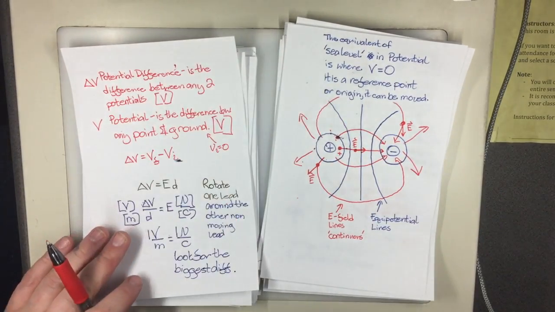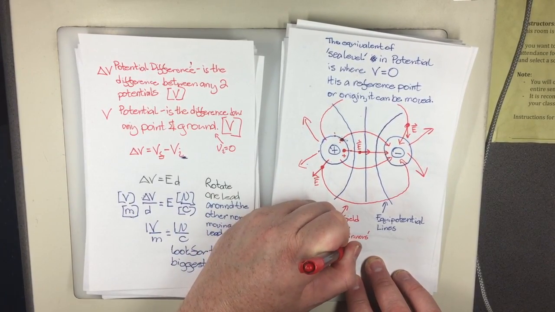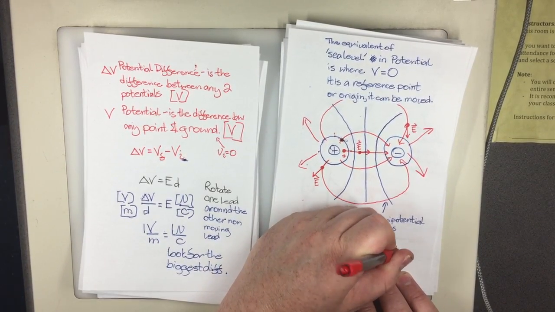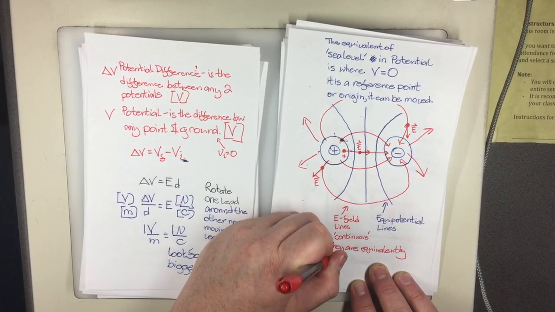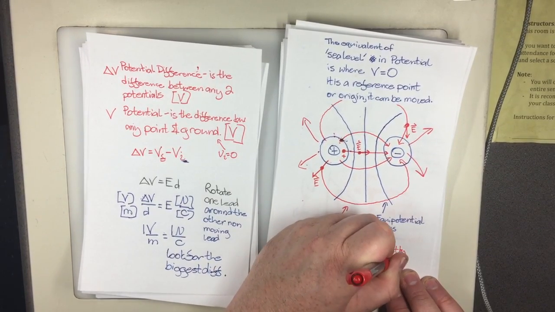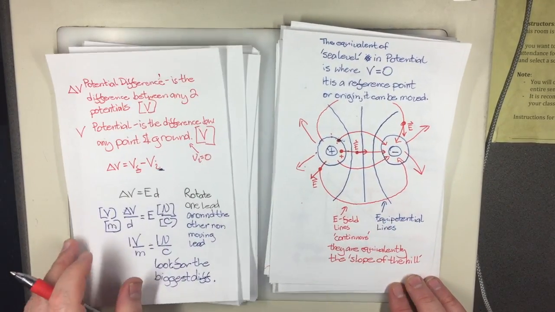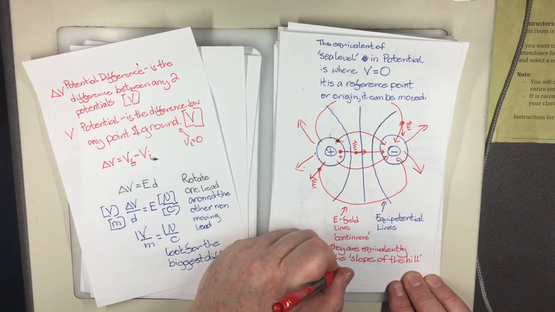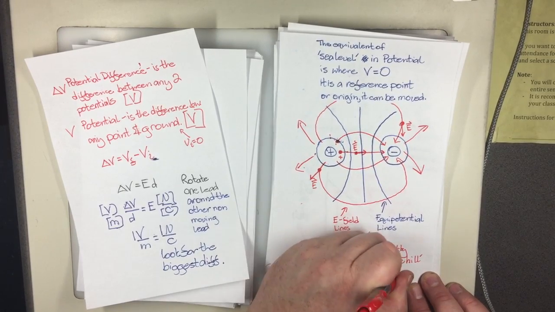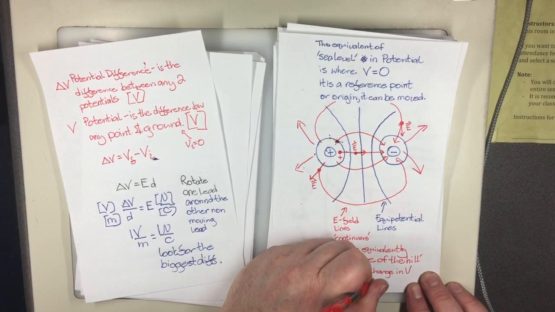These E-field lines are equivalently the slope of the hill, where the change in V is the greatest.